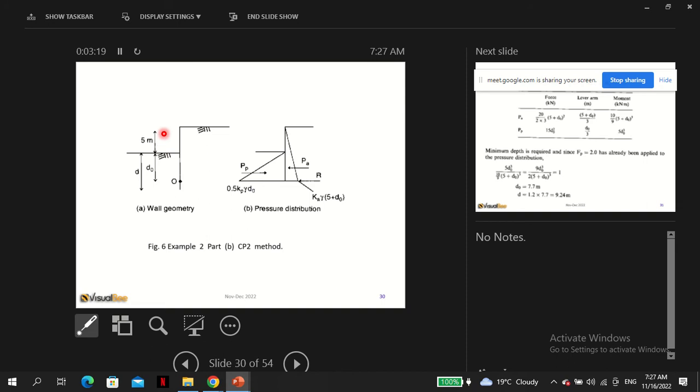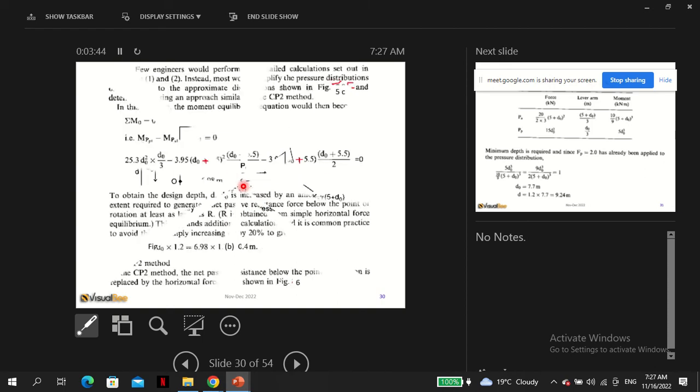This is the representation for CP2, but you can see that we are assuming a point load for R, for the passive resistance. Please note that difference, and also note that we are reducing the passive resistance by half.